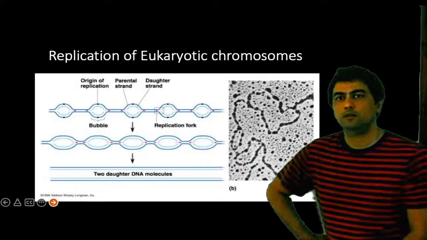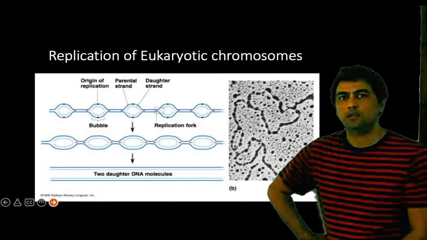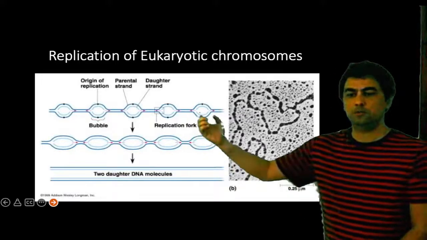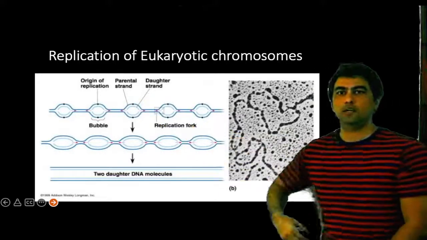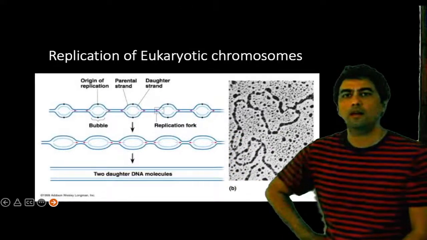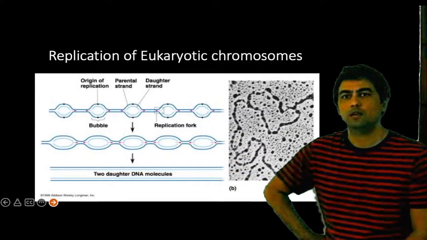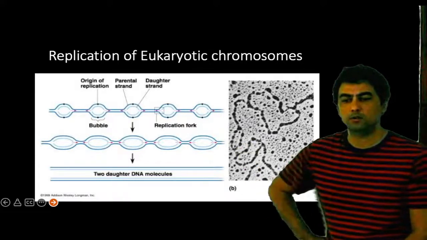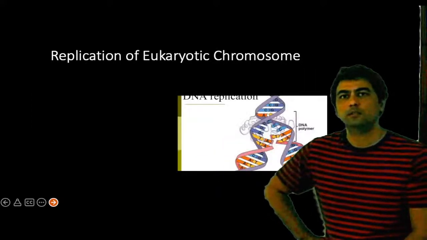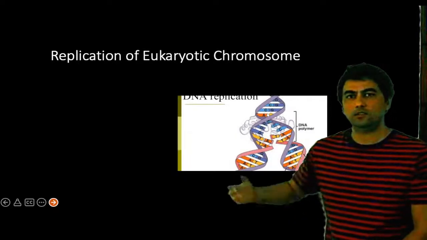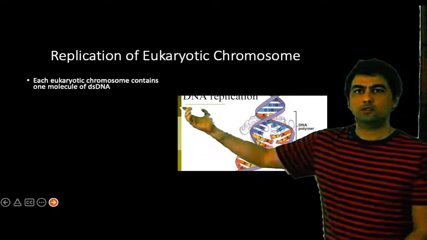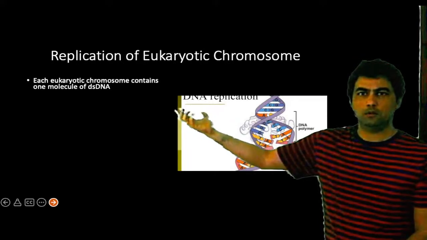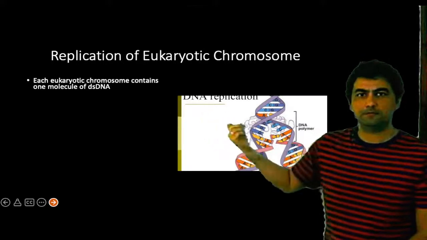Origins of replication in eukaryotic chromosomes are multiple, and each one has a process identical to the single one in prokaryotes. In the eukaryotic process, each chromosome contains one molecule of DNA.